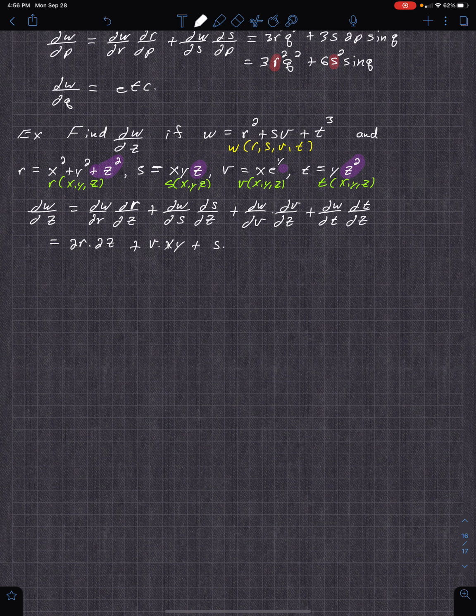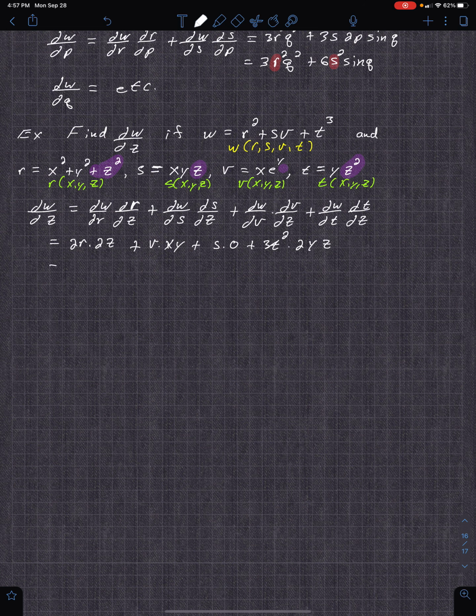That's just a constant, so that's your 0. Plus partial w t, 3t squared, times partial t z, which will be 2yz.